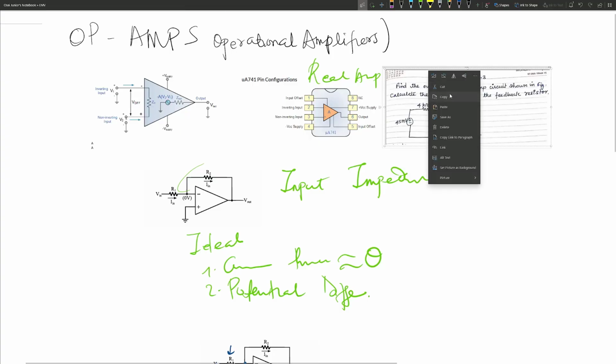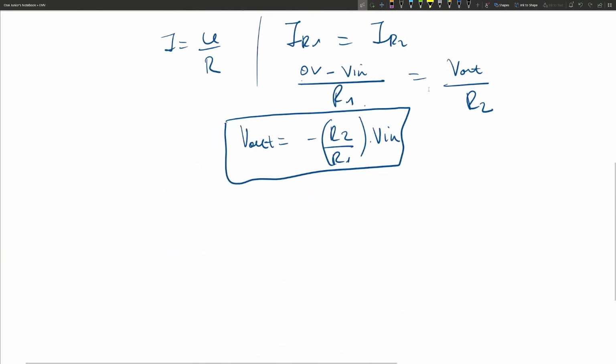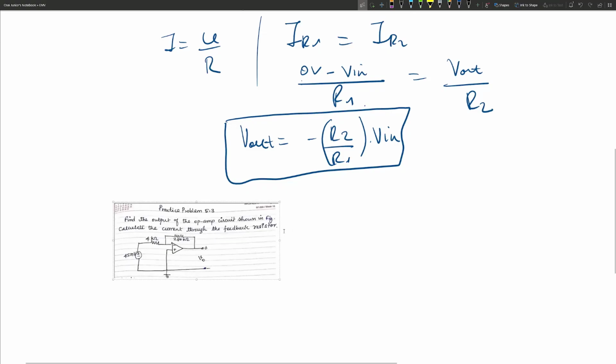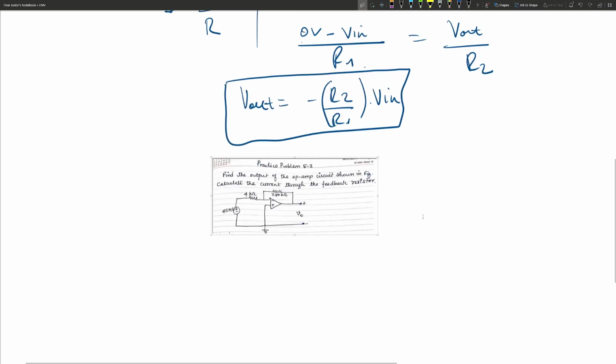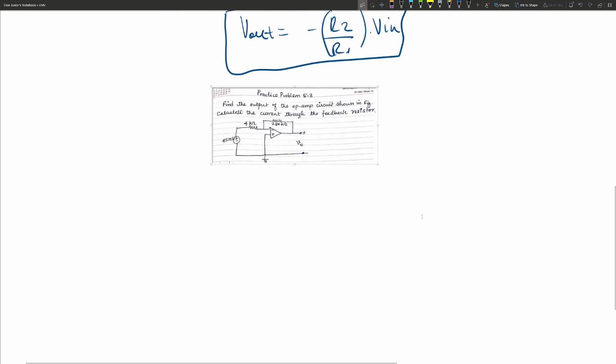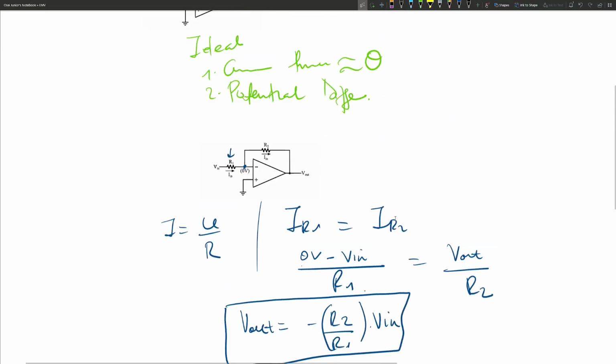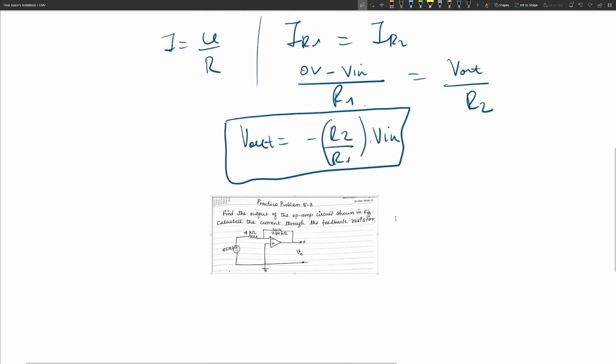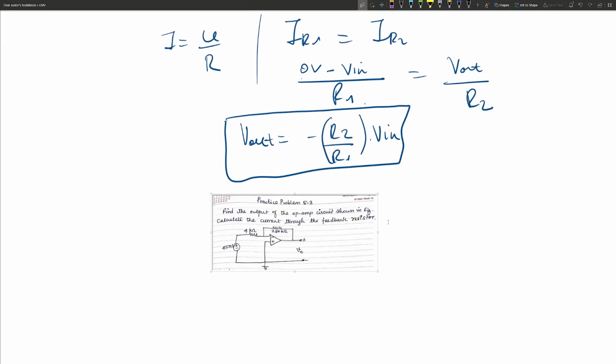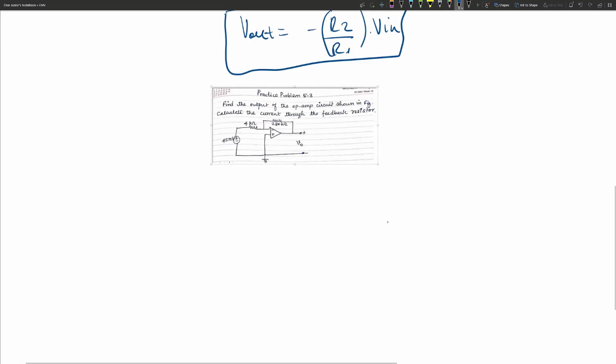Okay, now let's do some exercise here. Let me just copy this one, and let's see whether we understand what we just did. This is a simple example of how the output voltage of an inverting operational amplifier can be derived. So let's start reading through it.